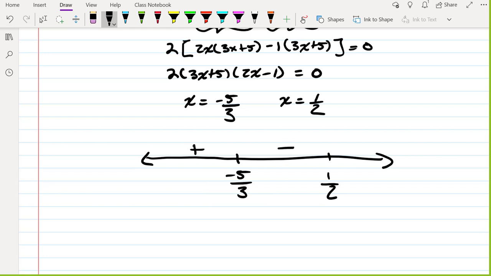So that means it's negative, and if we test 1, 3 times 1 is 3, 3 plus 5 is 8, 2 times 1 is 2, 2 take away 1 is 1, so 1 times 8 times 2 is positive. So we get positive, negative, positive, so that means our graph is increasing, then it changes to decreasing, and then changes to increasing.